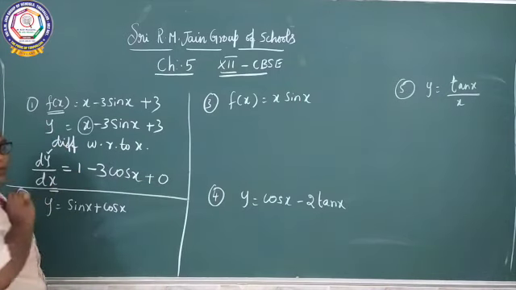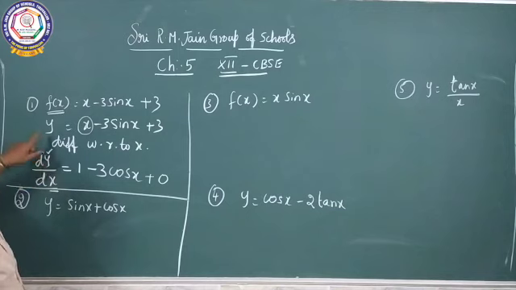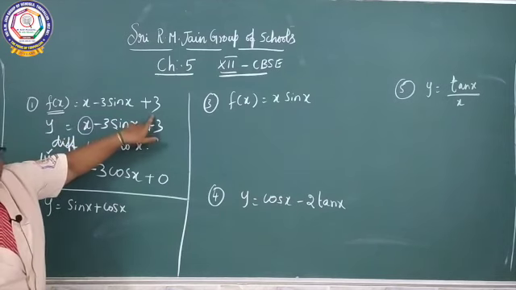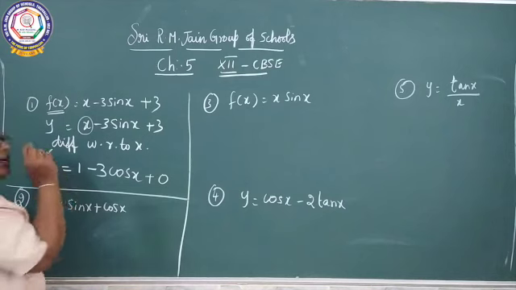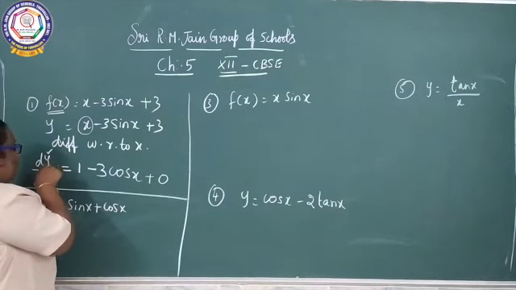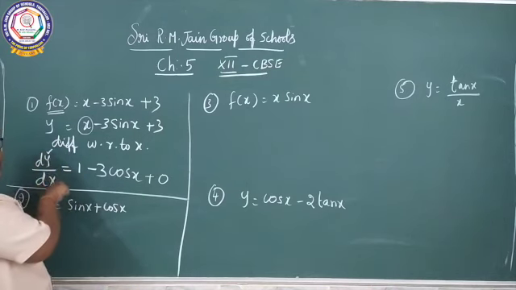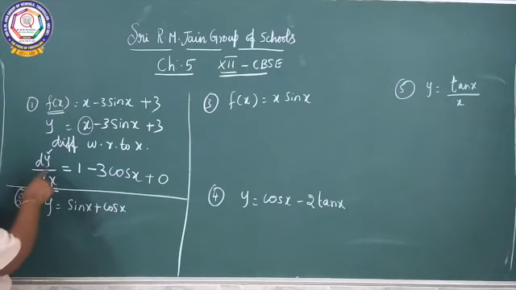Once again I repeat, see here, f of x, function of x, is nothing but y. You have to differentiate with respect to x. Dy by dx means y with respect to x. If x is there, we can differentiate that term.